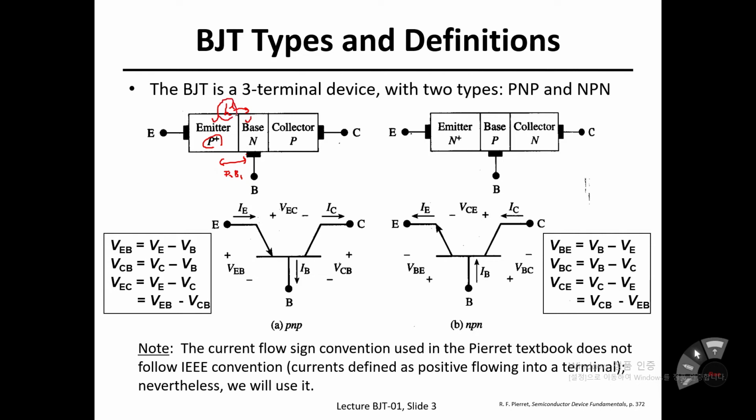Then many holes would be injected into the n-type region, which is the base, and those holes would move forward. How do they move? Drift or diffusion or recombination or else? Yes, diffusion, as we have learned. These minority carriers can diffuse within the base region, the n-type region.